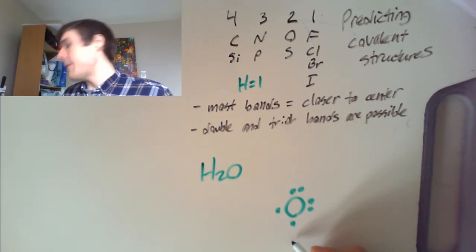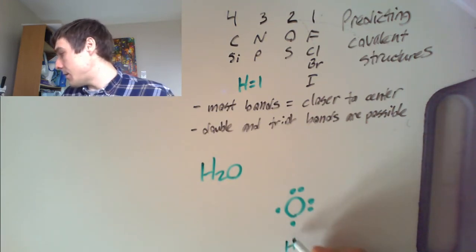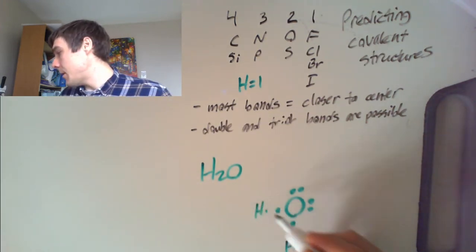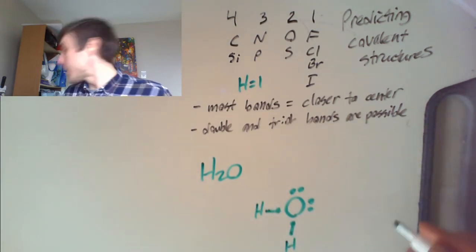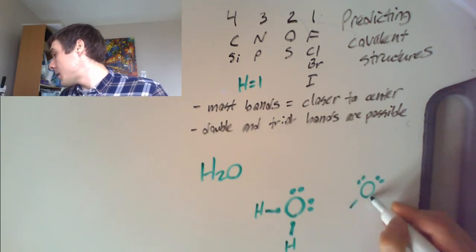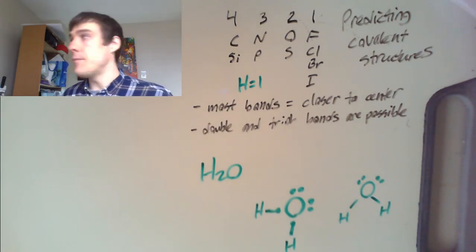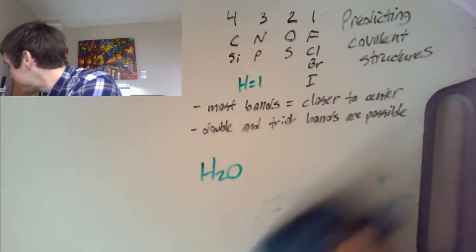And then we'll have hydrogens around it, and typically remember that unpaired electrons are the ones that are going to do bonding. So we'll put 1 there and 1 there. And then this gives us our prediction for what this structure is going to look like: oxygen with 2 lone pairs and a hydrogen on each side, like that. So there's our H2O.